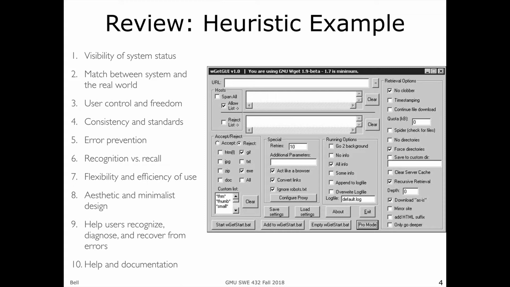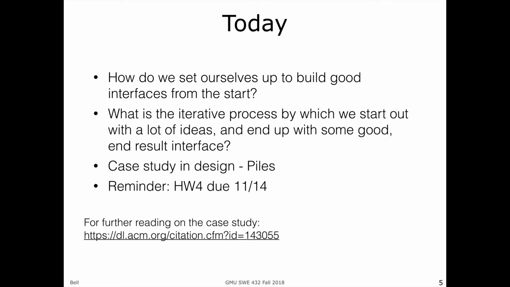We've got lots of options. The options are good because it gives the user control, but the options are bad because the way that they're laid out doesn't really follow things. Things like saying these categories here are like special. I have no idea what the difference between an option under special was and running options is. We talked about applying this kind of heuristic evaluation to lots of different interfaces.